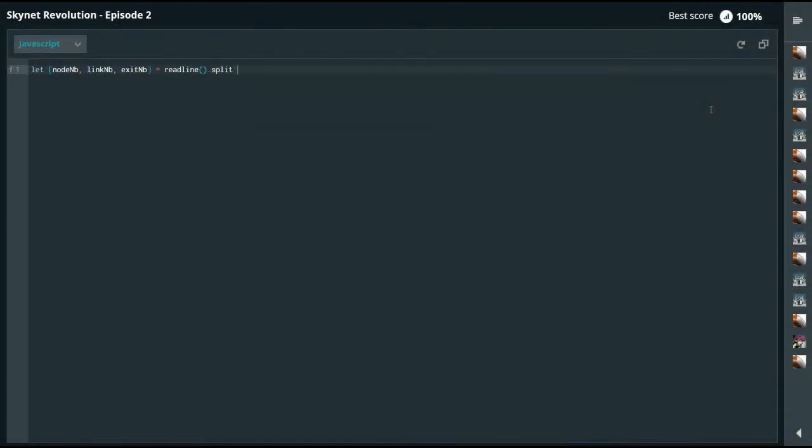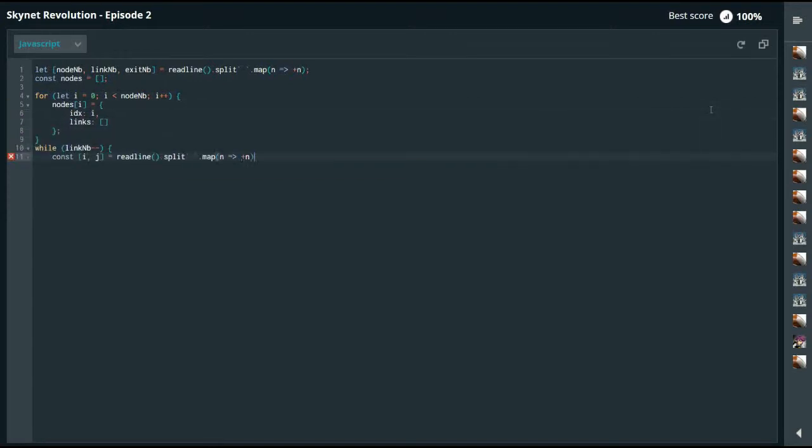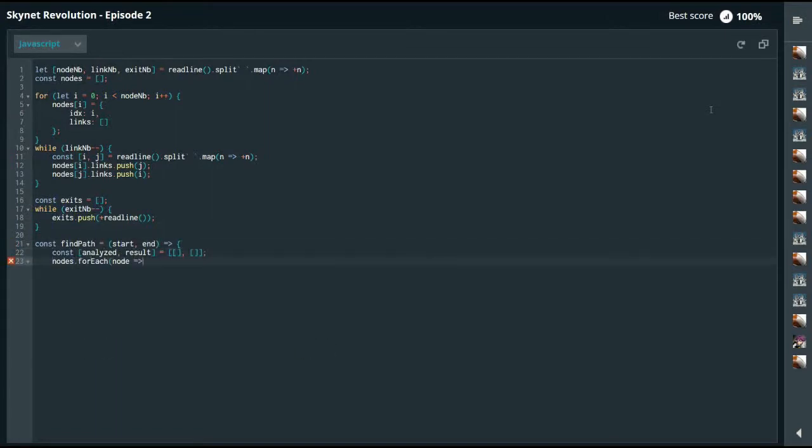Read initial values. Define a find path function that implements Dijkstra's algorithm, an algorithm for finding the shortest paths between nodes in a graph.